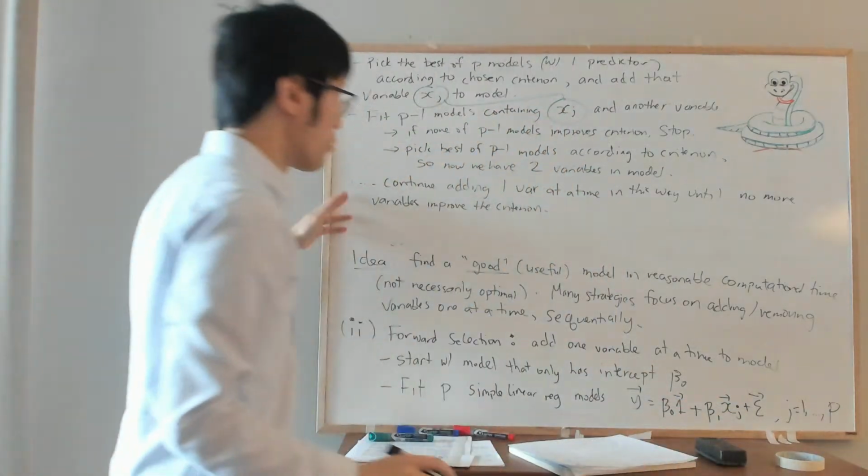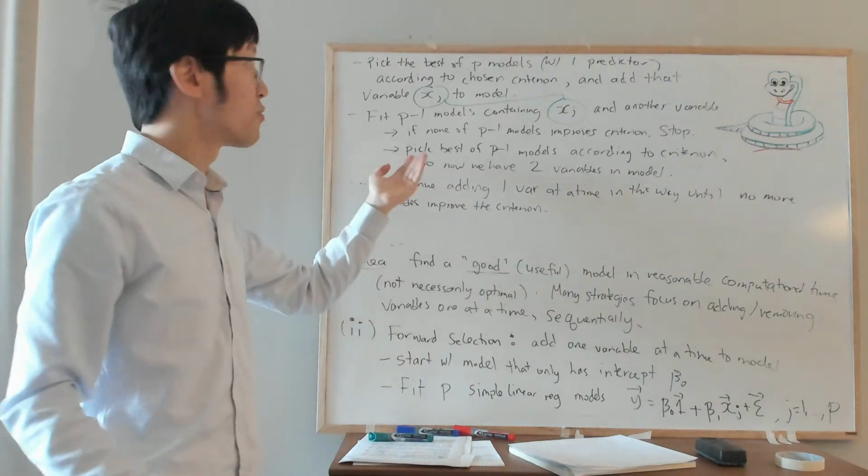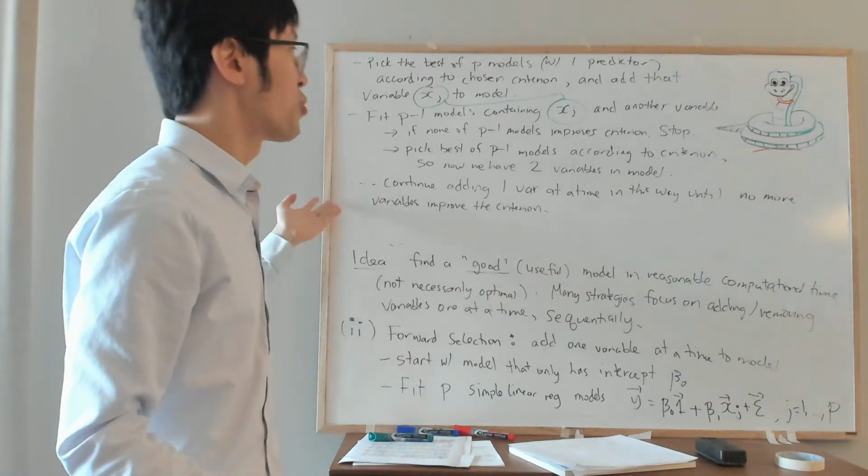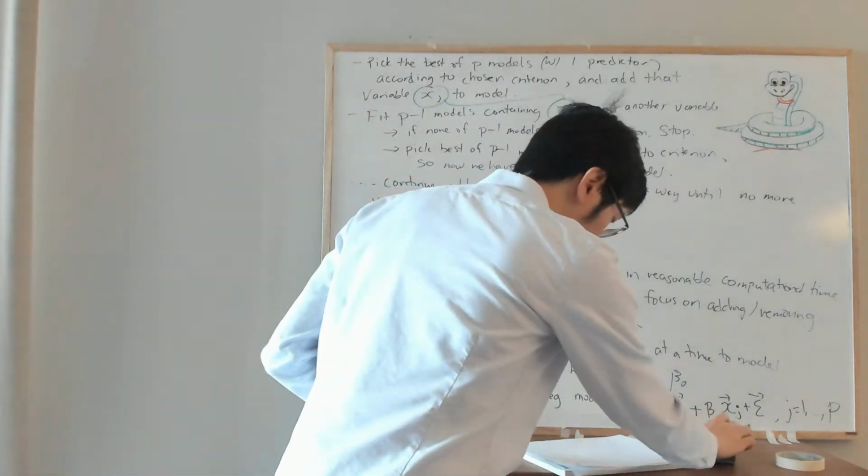And the best model, of course, is the one that had the best value of the criterion up to our stopping point.